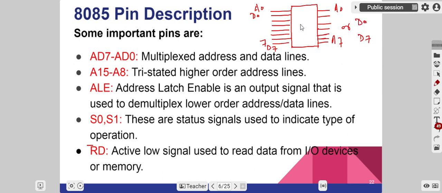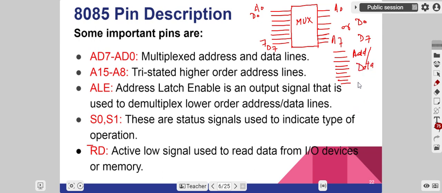The reverse of this is called multiplexing, which is called mux. So what we have done in multiplexing is combine: we are only having 8 lines, 8 wires, but we are using these 8 lines for address as well as for data.